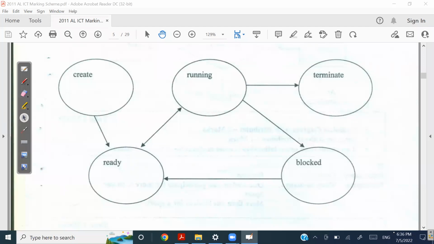So to clarify, you should have admit here, and on one side it should be dispatch, and on the other side it should be timeout.